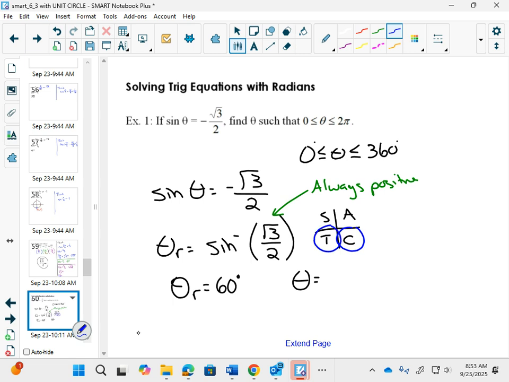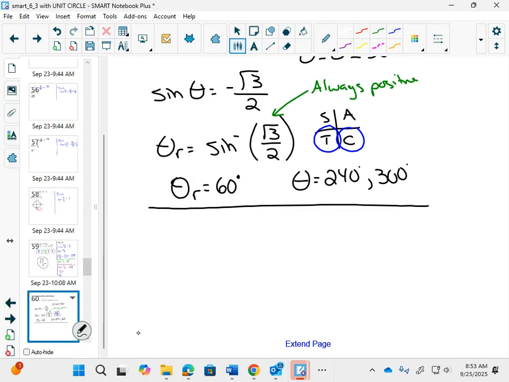Sine is negative in quadrants 3 and 4, so you would use your reference angle and say 180 plus 60 and get 240 degrees. And you would do 360 minus 60 and get 300 degrees. That's grade 11. You would use your calculator. Now that we're in grade 12, this question shows up on a non-calculator.